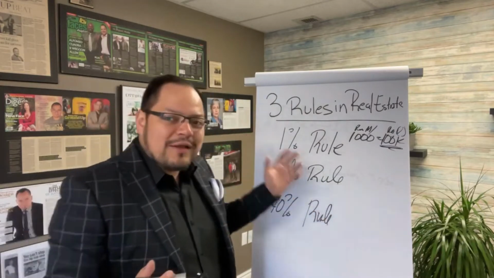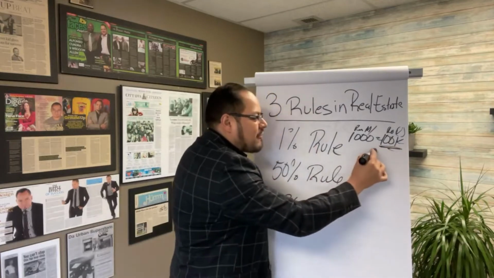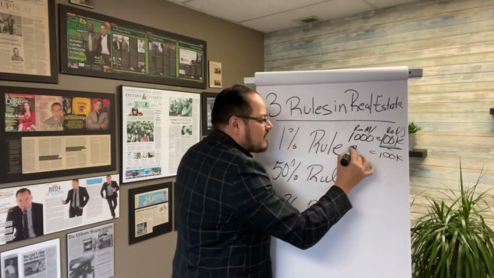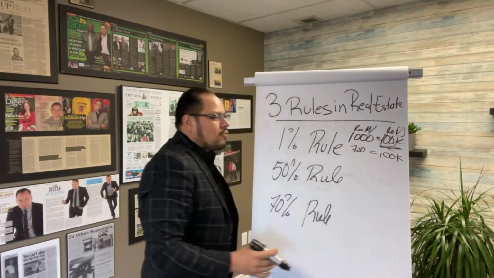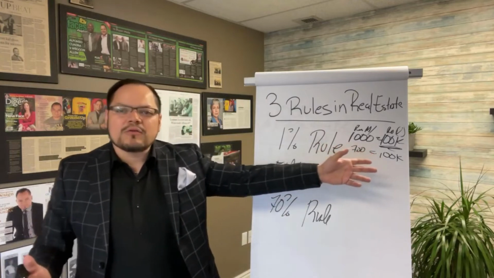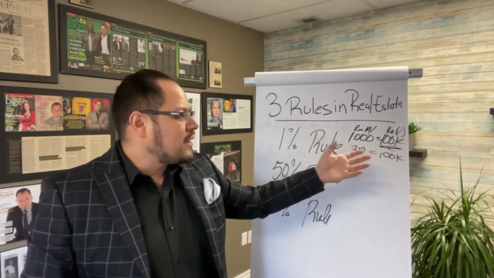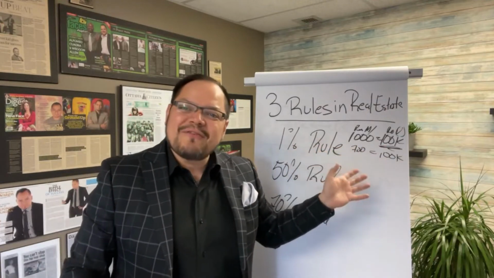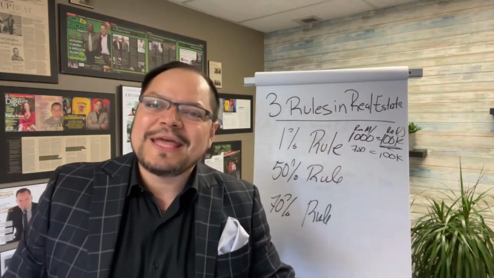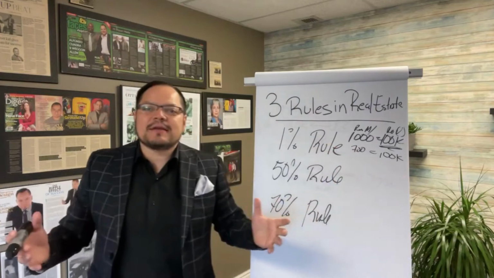On the 0.7 side, for every $100,000 in real estate value, 0.7 would be $700. So $100,000 in real estate value should equate to around $700 to $1,000 in monthly rental income. And for us investors, that's a great indicator.